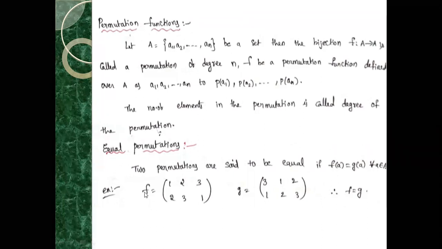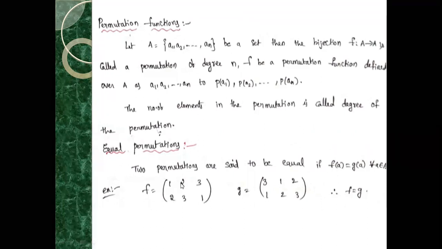So here in the f function, 1 is related to 2, 2 is related to 3, 3 is related to 1. In the G function, 3 is related to 1, 1 is related to 2, 2 is related to 3. So here we observe 1 is related to 2 in F, and 1 is related to 2 in G also.